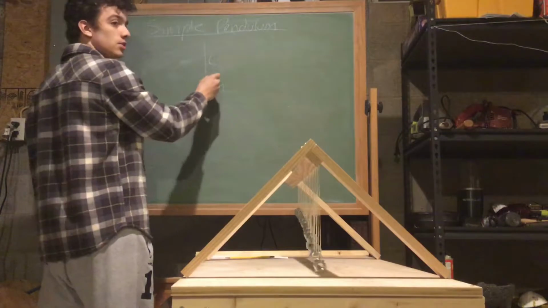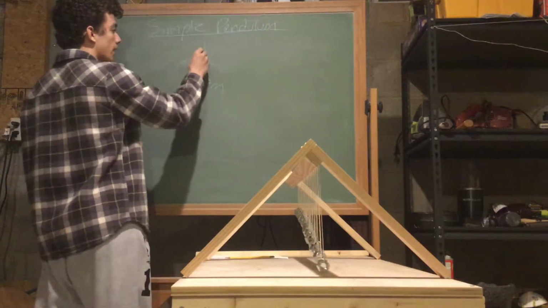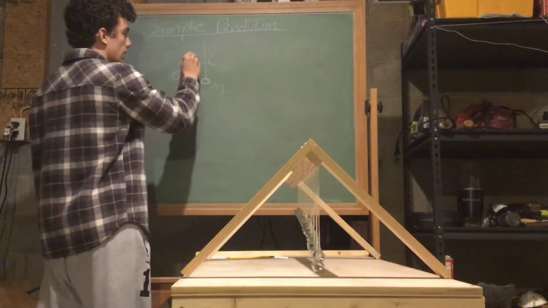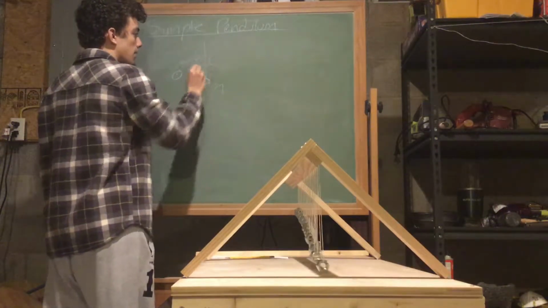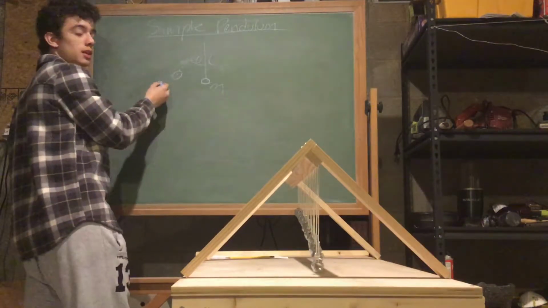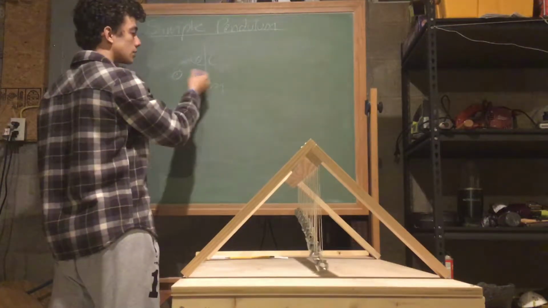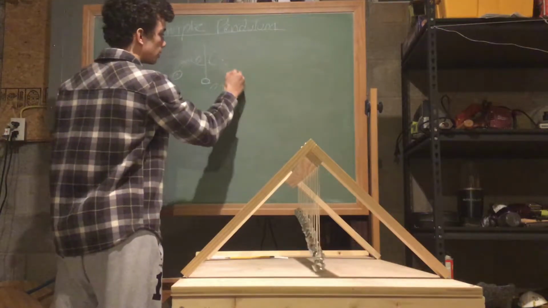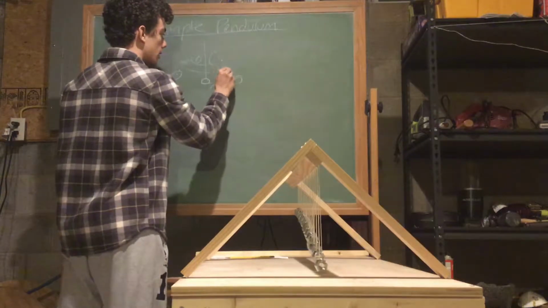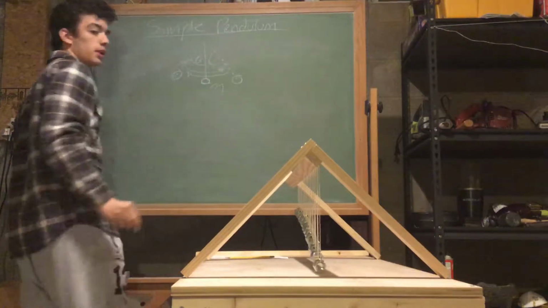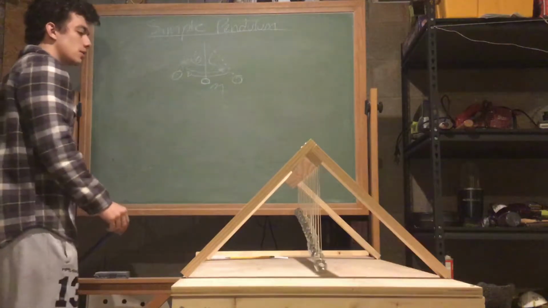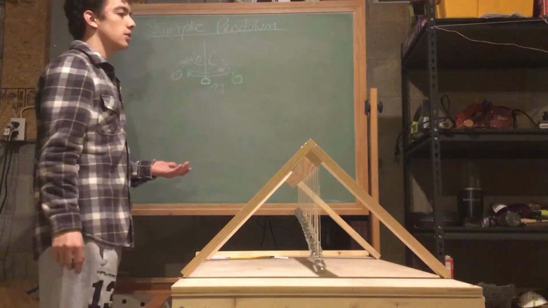And when the mass is pulled back, it changes by theta, and when it's pulled back and released, it will oscillate, and it will travel to the other side. So it will go down and back, completing an oscillation or a cycle, and that is what makes pendulums a perfect harmonic oscillator.